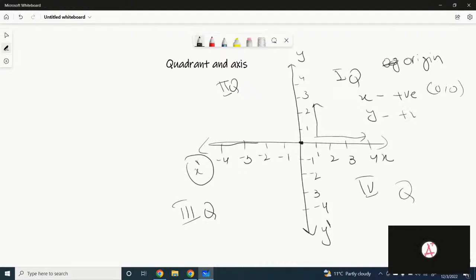That means in the first quadrant, both x and y values are positive. Okay, just look at the second quadrant. You have all the negative x values, and the y values are all positive. So in the second quadrant, x is negative and y is positive.